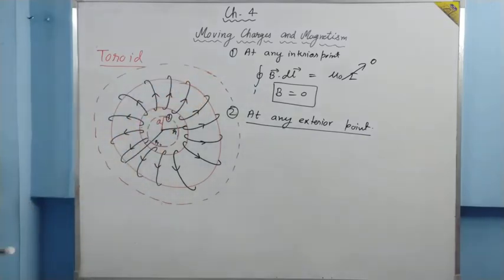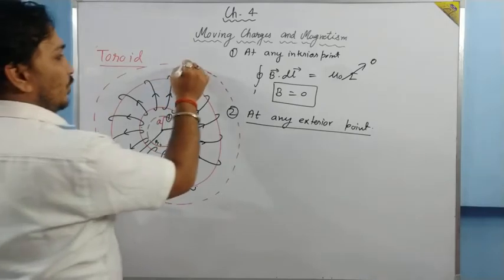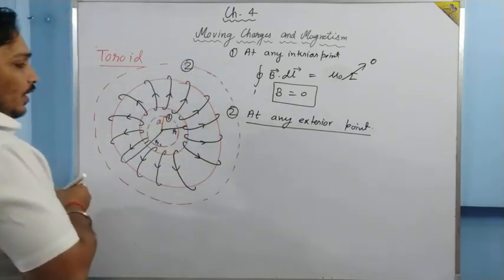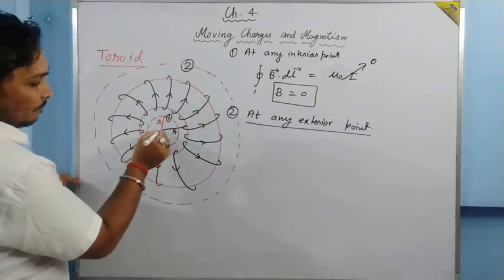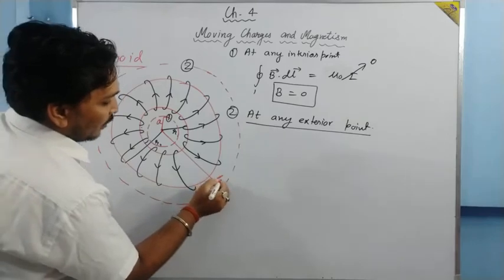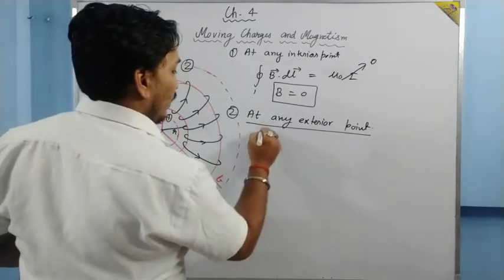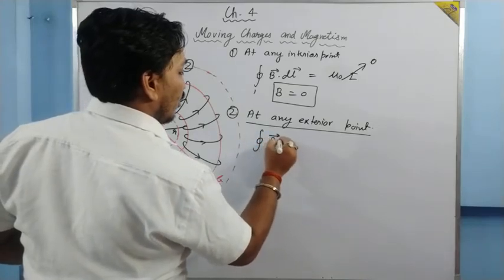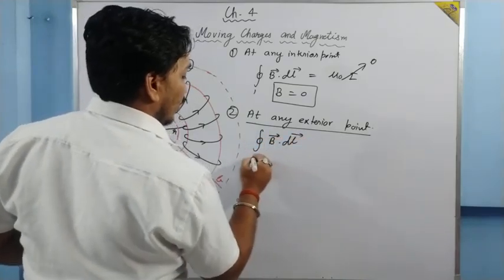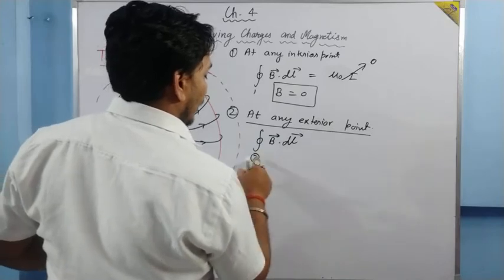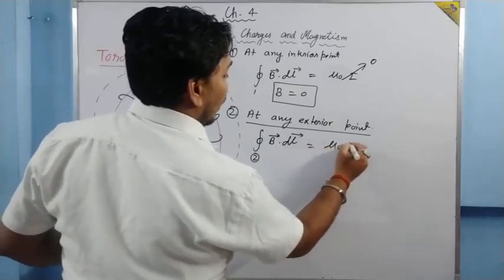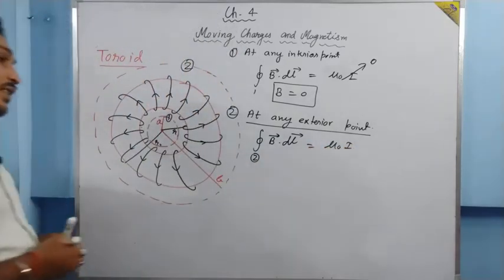Let the name of this loop be 2, and its radius is B. Again line integration of B vector dot dl vector over 2 is equal to what? Mu naught times I.